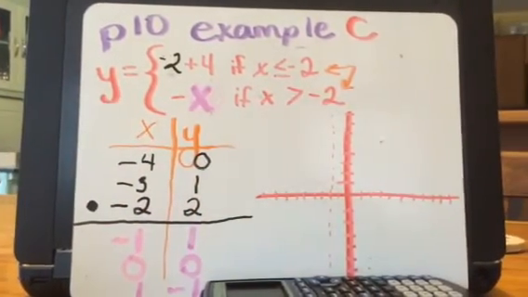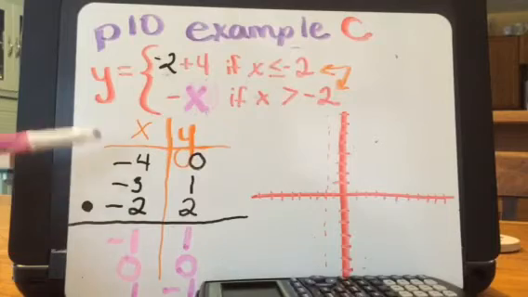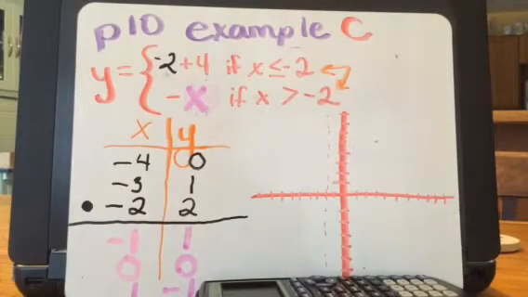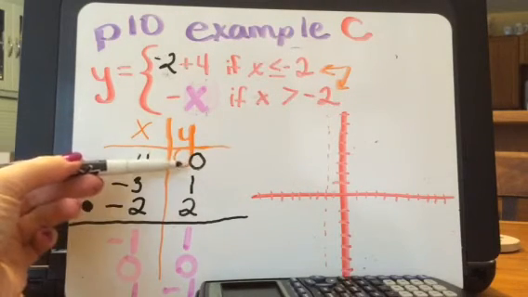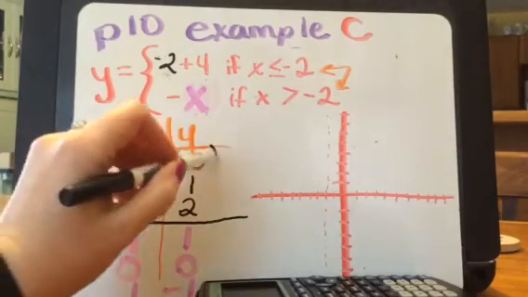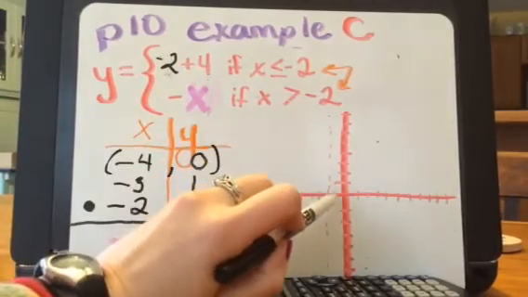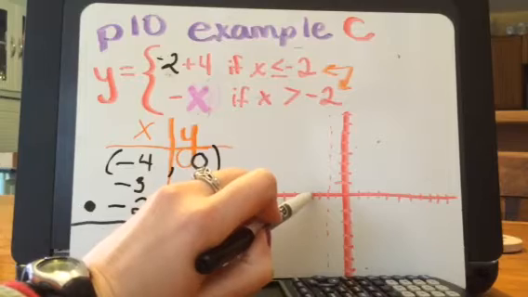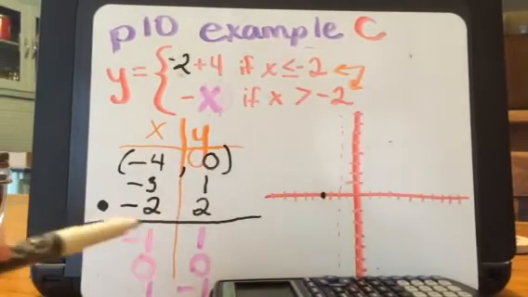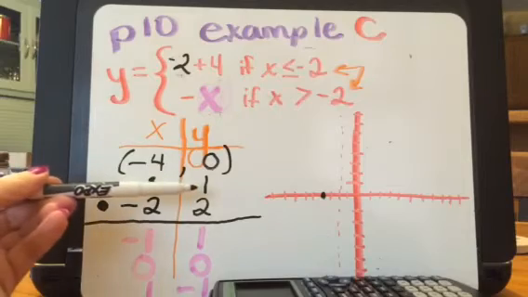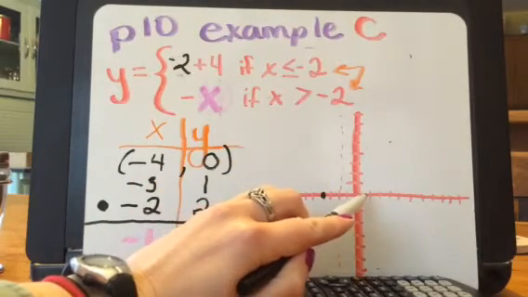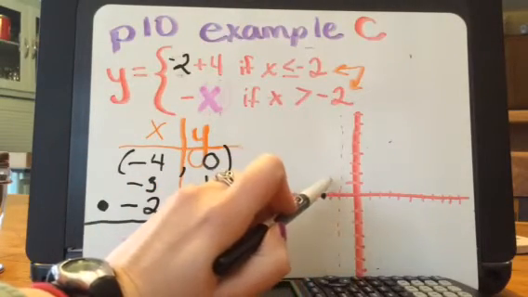All right. But I have some great points here. Let's go ahead and graph what these look like. I'm going to go back to the black marker so that I think about my first rule. -4, 0. There's an ordered pair right there. I have another point at -3, 1. So I move -3 and up 1.